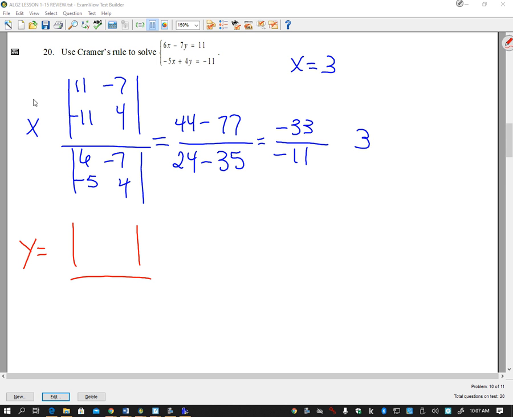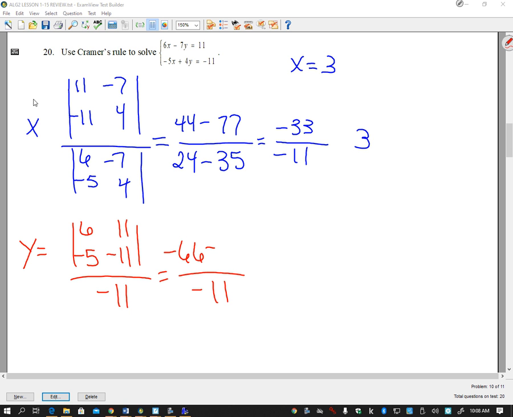What do we know our denominator solution is going to be? Negative 11, very good. Okay, now let's set this up for y. What goes here first? 6. What goes here? What goes here? 11. Okay, here? And here? Okay, good. All right, so we carry that negative 11 over. 6 times negative 11.